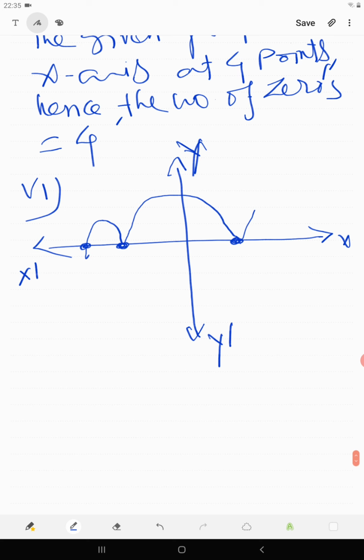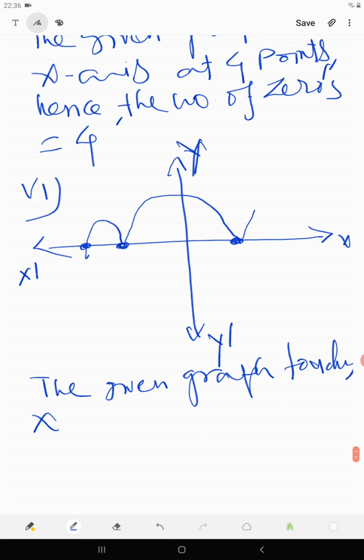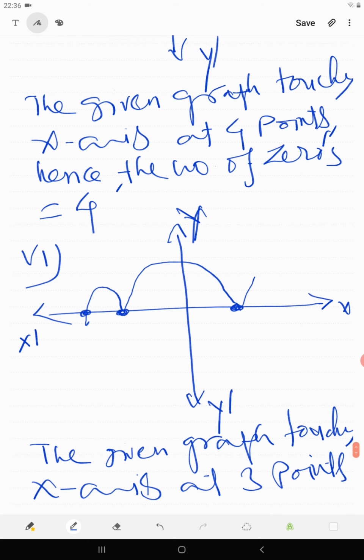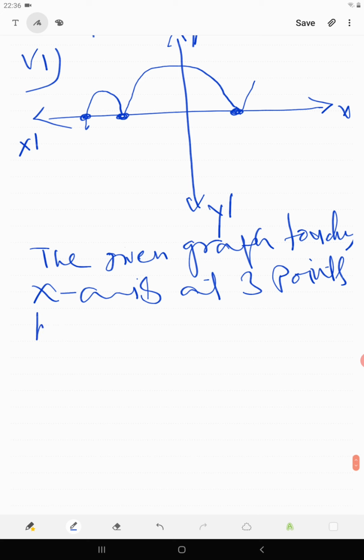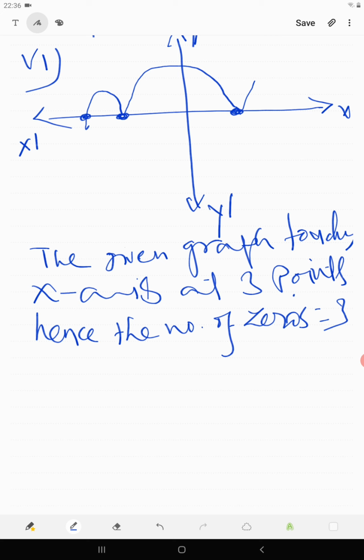So it is meeting the x-axis at 3 points. So the given graph touches the x-axis at 3 points. Hence the number of zeros will be 3. That's it.